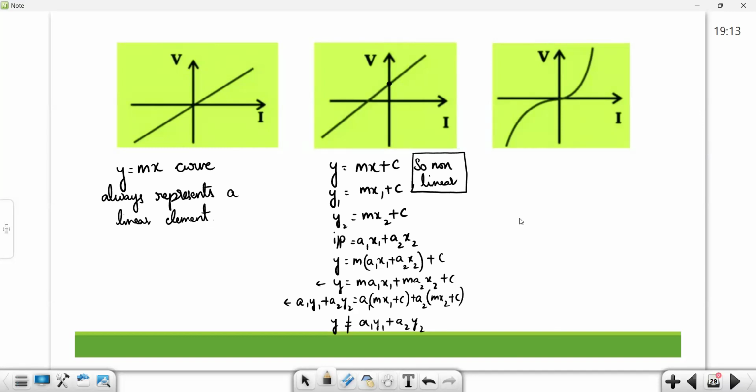You have to remember, if a straight line is passing through the origin, it will always be a linear element. If a straight line is passing through some c intercept, it is not linear, it is non-linear. If it is not a straight line, directly you can tell it is a non-linear element.